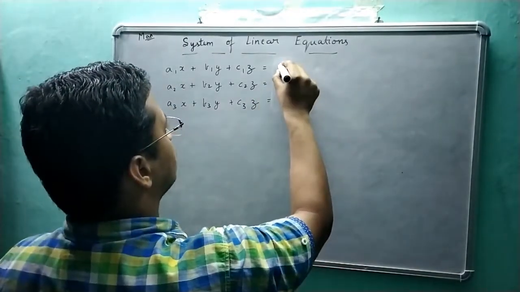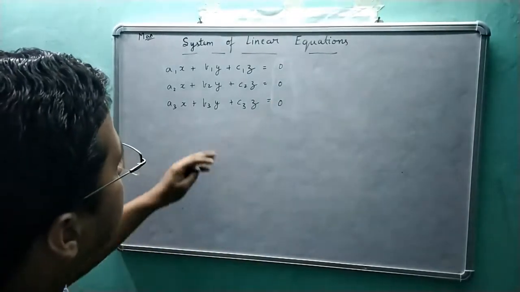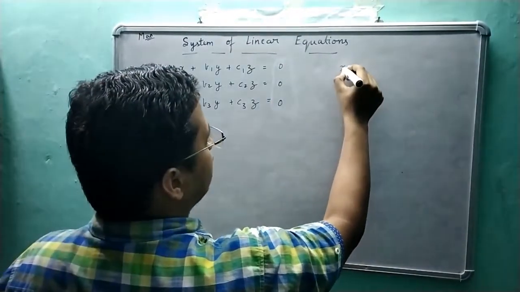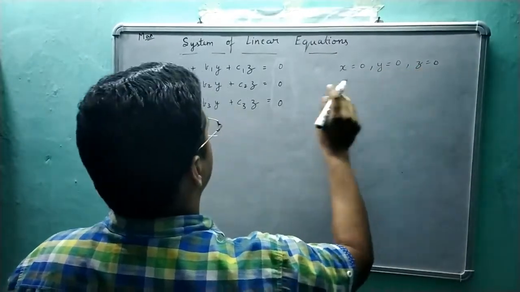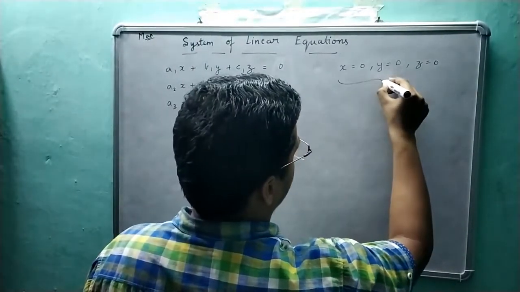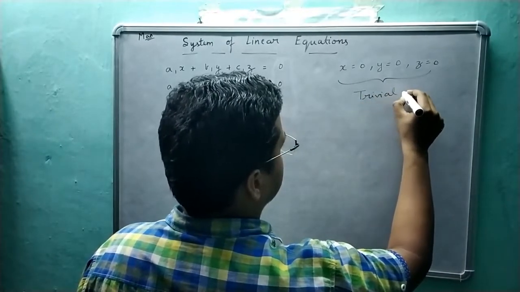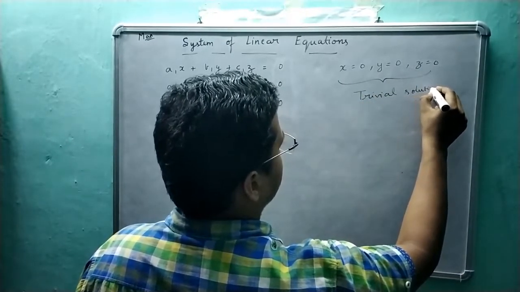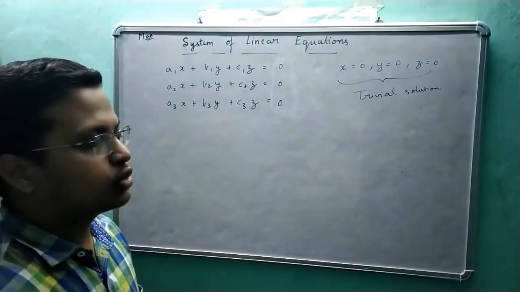So this is 0, 0, 0. You can easily see that if we take x equals 0, y equals 0 and z equals 0, all the equations are satisfied. Such a solution is called a trivial solution.